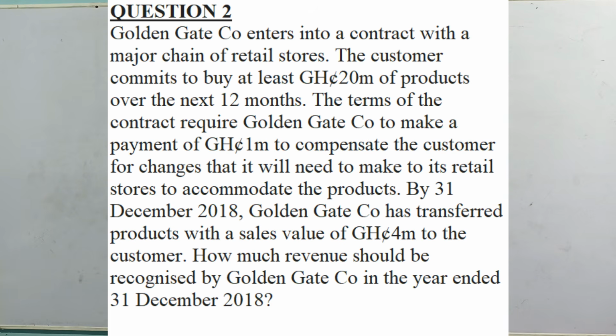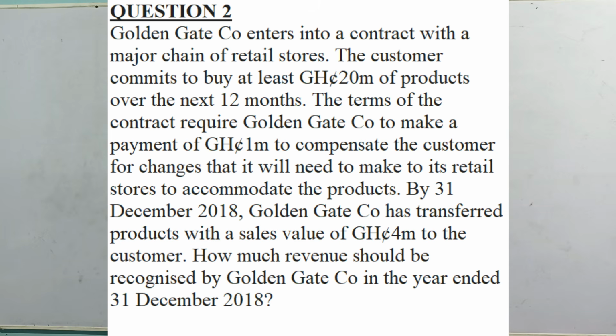Golden Gate Company enters into a contract with a major chain of retail stores. The customer commits to buy at least 20 million Ghana cedis of products over the next 12 months.